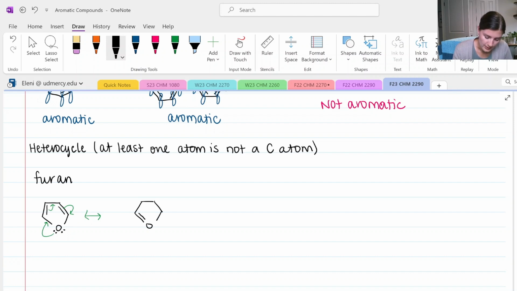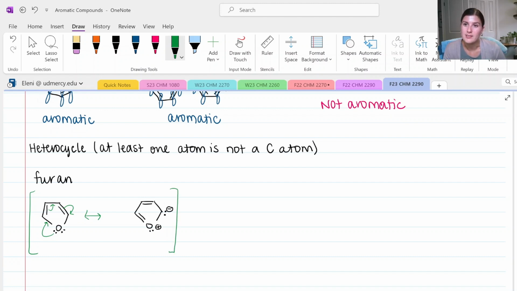We have a new pi bond between oxygen and the carbon on the left, a new pi bond across the carbon-to-carbon bond on the top, and then a non-bonding pair on the carbon. Now we have a positively charged oxygen and a negatively charged carbon. This is a valid resonance structure for this molecule.